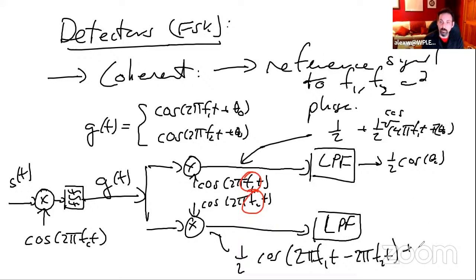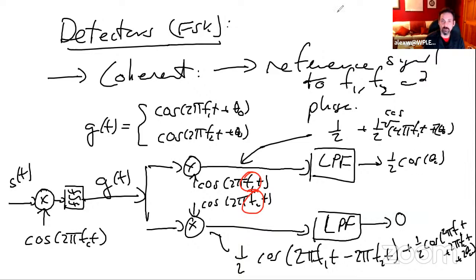So here, what we would have would be half cos 2 pi f1 of t plus something. And if we choose f1 and f2 to be somewhat large and the low pass filter to be sufficiently narrow, all of those are going to get filtered out.